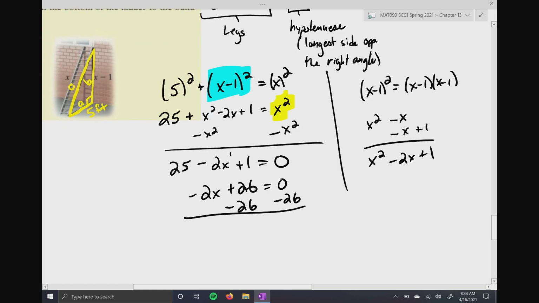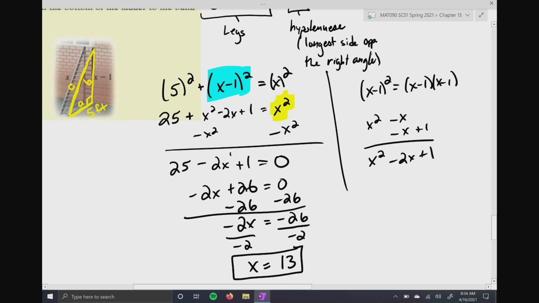So I will subtract 26 from both sides. Now I would divide both sides by the number in front of the variable. A negative divided by a negative is a positive. 26 divided by 2 is 13.